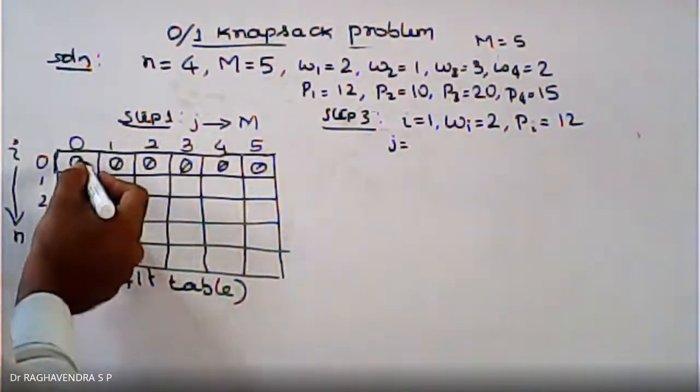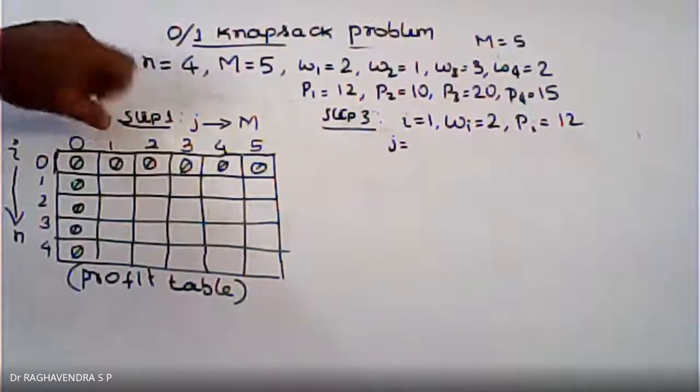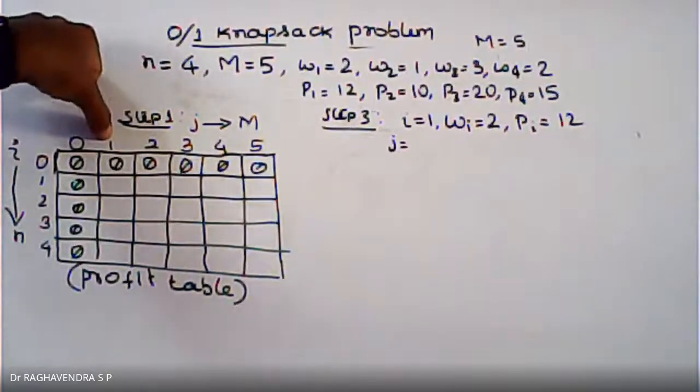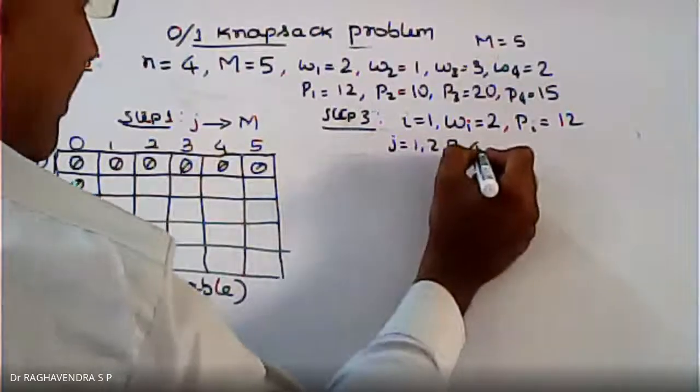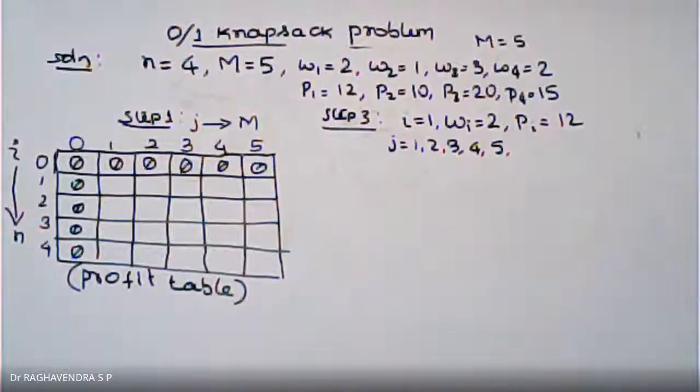So where do the remaining ones start from now? j starts from 1. So 1, 2, 3, 4, 5. Okay, 1 to 5.